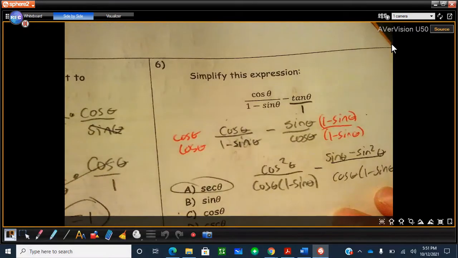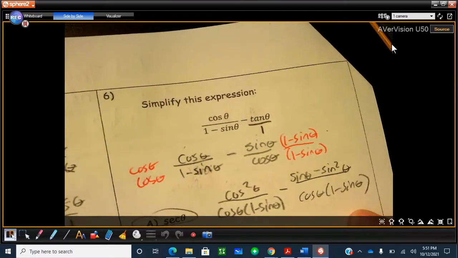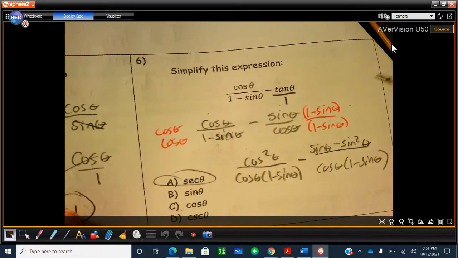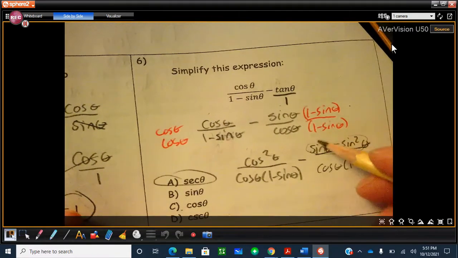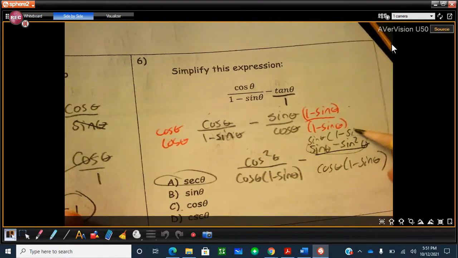So when I do this, I want to cross out anything that's in common. When I looked at it on my paper, I said, ouch, this one hurts, I'm going to do it the cheat way. But you don't need to do that all the time. Let's think here. This can be rewritten as sine theta times 1 minus sine theta.